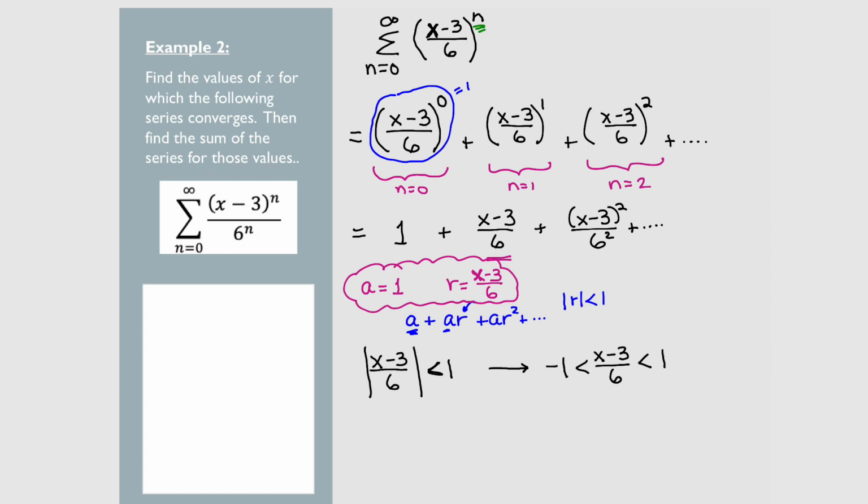This is an algebra concept, and if you need extra help with making that step to remove that absolute value in that inequality, come by and we'll talk it through, okay? But that's an algebra step.